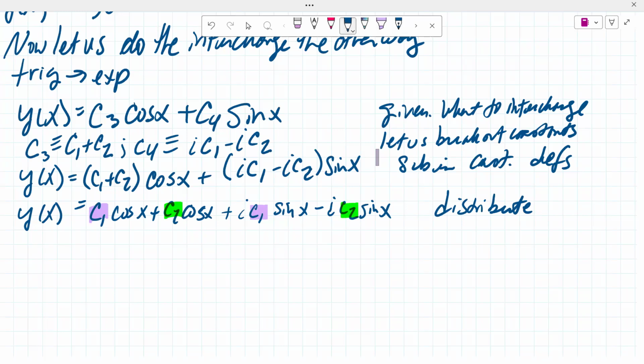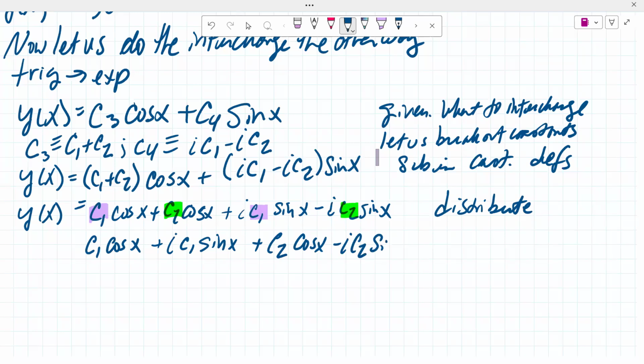So now what we want to do is this: C1 cosine x plus I C1 sine x. So I'm just rearranging C2 cosine x minus I C2 sine x.